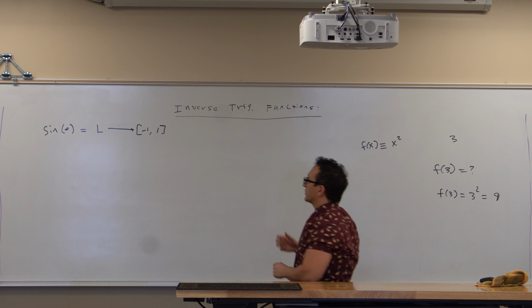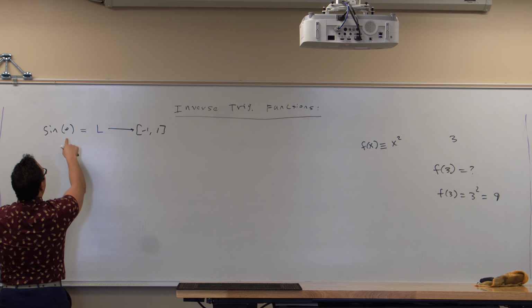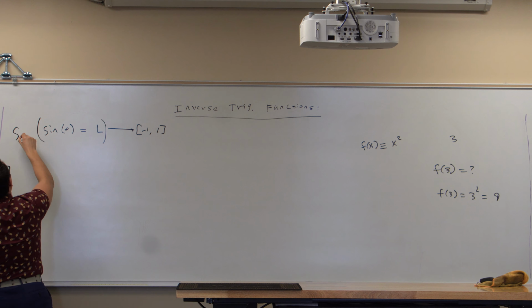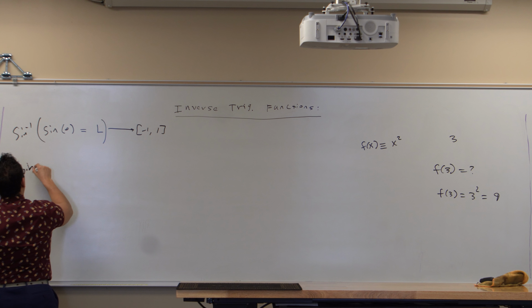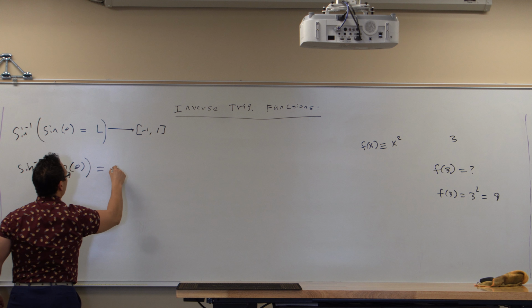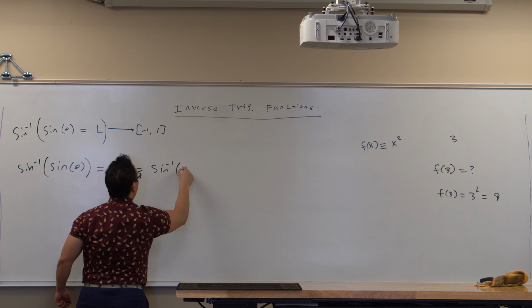You know the special values on the unit circle. So what would undo taking the sine of theta? We call this the sine inverse, where sine inverse of sine of theta is just equal to theta, and on the other side, that results in sine inverse of L.